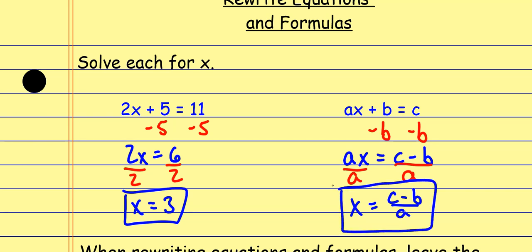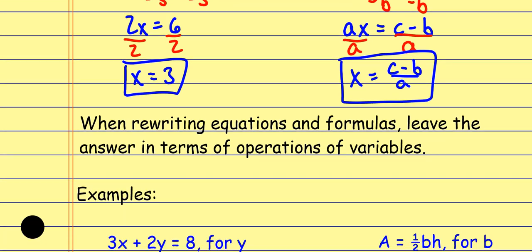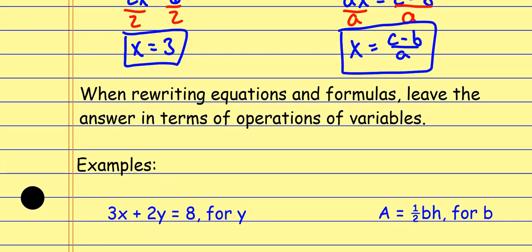I leave it literally as the operations with which I was dealing, okay? And so that's the idea here. It's the same thing. In fact, technically, it should be easier than what we've been doing because we don't have to simplify at all. We just leave it in terms of the operations, all right? So when rewriting equations and formulas, leave the answer in terms of the operations of the variables, all right?